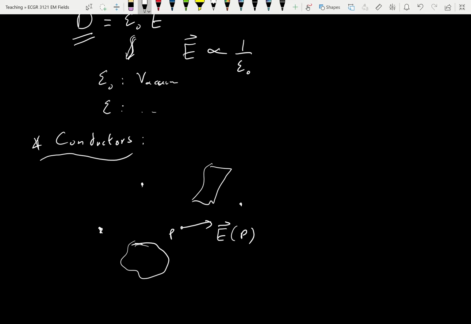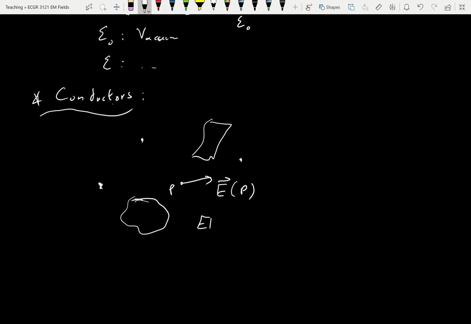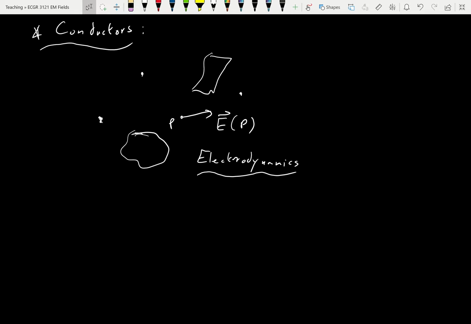So we should expect the charge distributions to start moving around, and that gives us the theory of electrodynamics, which is a more complicated beast than what we are dealing with right now, and which we won't discuss yet. So we're still dealing with electrostatics.